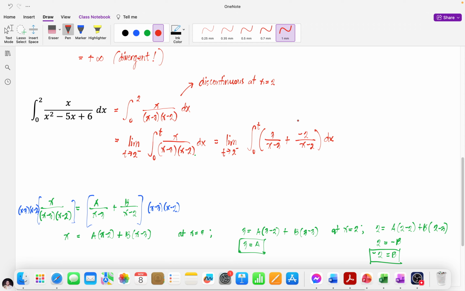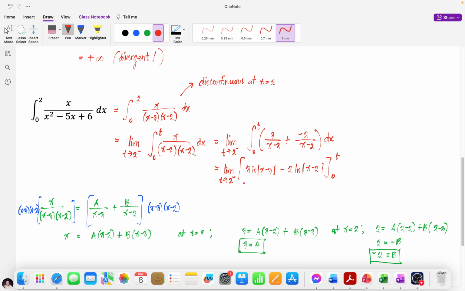So from that, we can easily get the integral of every term here. So that is just the limit of 3 ln of absolute value of x minus 3 minus 2 ln of absolute value of x minus 2 from 0 to t as t approaches 2 from the left.